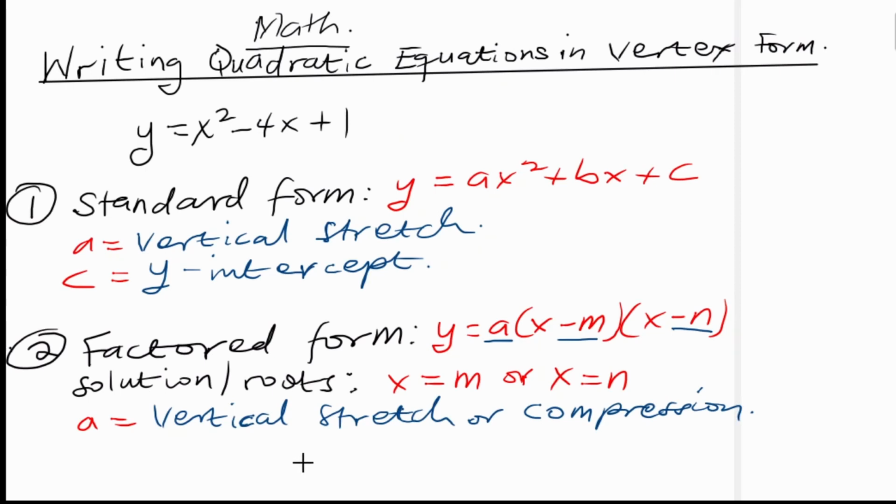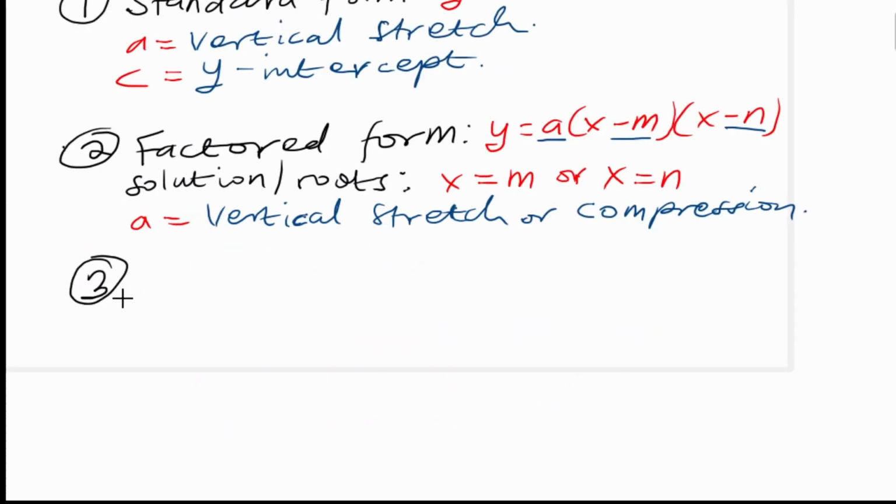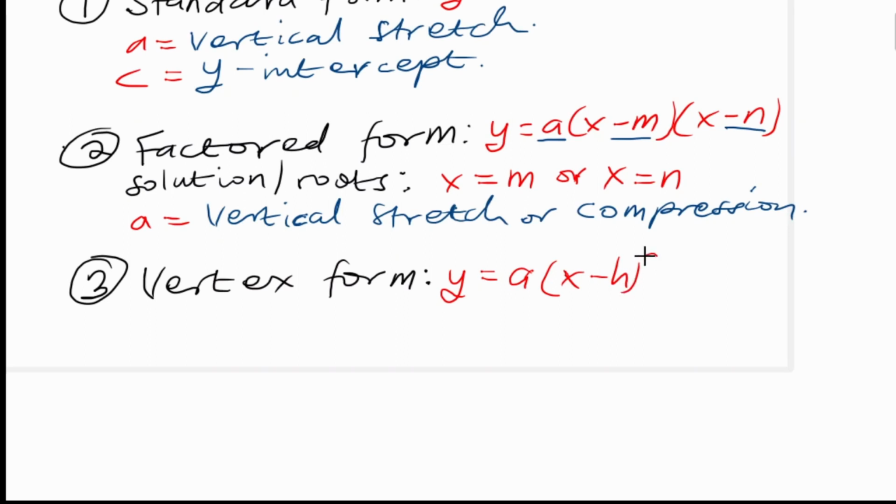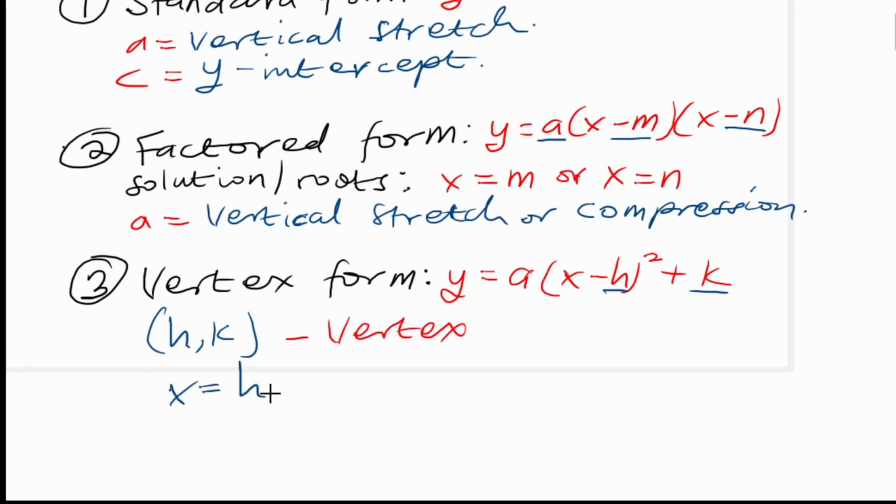So let's move on to the third form, which is the vertex form and the focus of our lesson for today. That is y equals a multiplying x minus h all squared plus k, where h and k are the coordinates of the vertex, and x equals h is the equation of the line of symmetry.